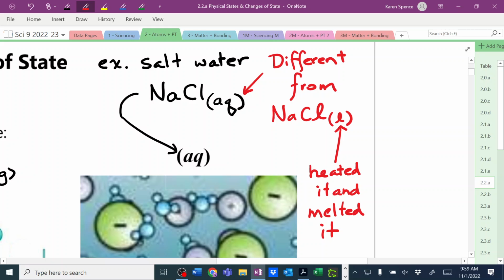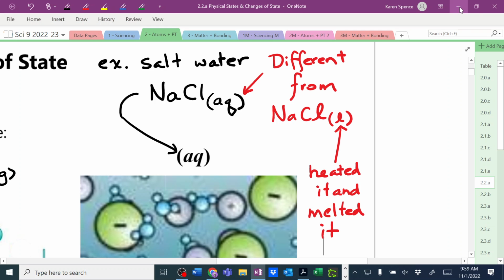Well, it really doesn't melt very well. The melting point of salt, shall we look it up? Let's find out at what temperature salt will actually melt.